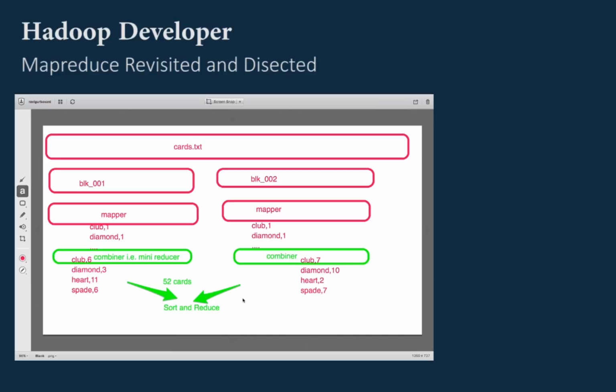This is how combiner would reduce your network traffic. So instead of 52 cards, with combiner in action, we will simply be transporting only 8 cards. So combiner is there to reduce the network traffic from the mapper phase to the reducer phase, and it acts as a mini reducer.